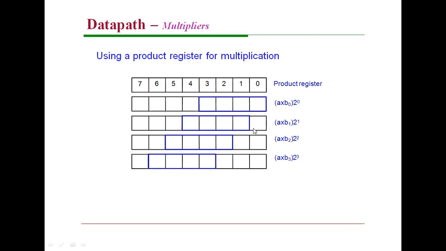Next, one location has to be emptied, and after the left shift, I have to multiply the entire a with b1. Next, with 2 shifts, I have to multiply with b2. With 3 shifts, I have to multiply with b3. Okay, this is a product. 4 registers are required, and the product is also an 8-bit register.